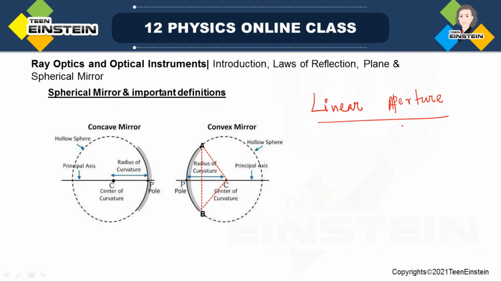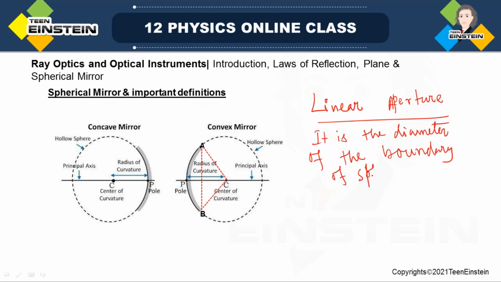This is the diameter of the circular boundary of the spherical mirror. I'll write the definition. It is the diameter of the boundary of the spherical mirror, or the curved part, or the spherical mirror itself.